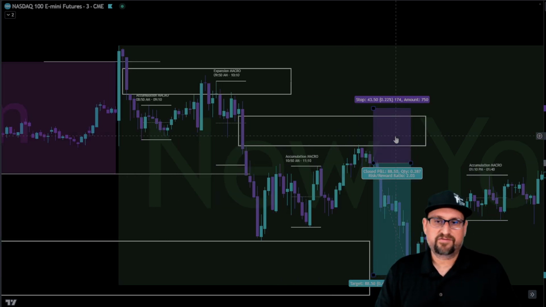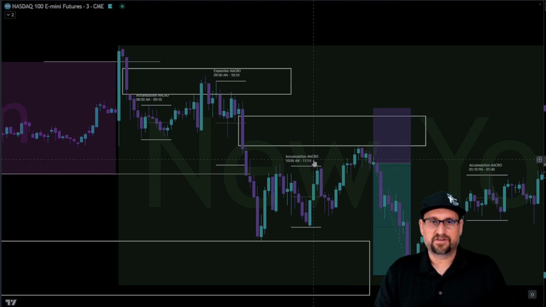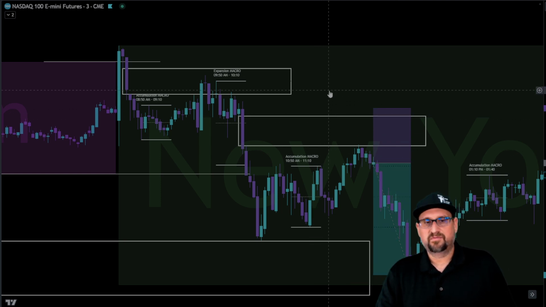So you're waiting for this manipulation to point to where you're going. Okay. So when we get a giant 1 hour displacement candle, I'm paying attention to which way it's pointing. That may take time to play out, and it may not be applicable to my current trading session.